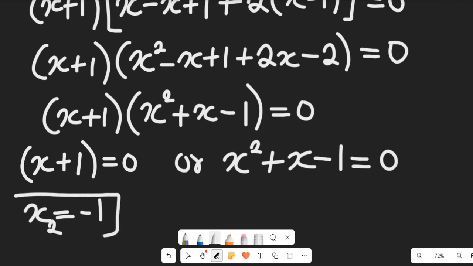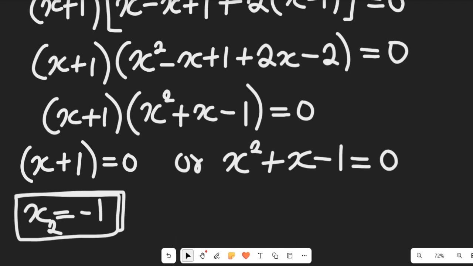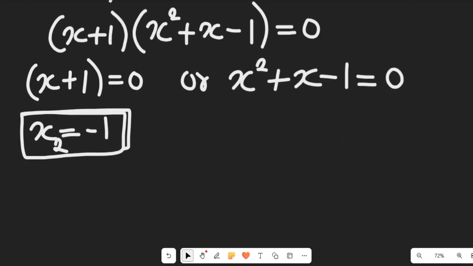So the second solution, x2, is -1. So how do we have the other solution? By solving the quadratic expression. By looking at the quadratic formula in solving this. We can also use other quadratic methods.